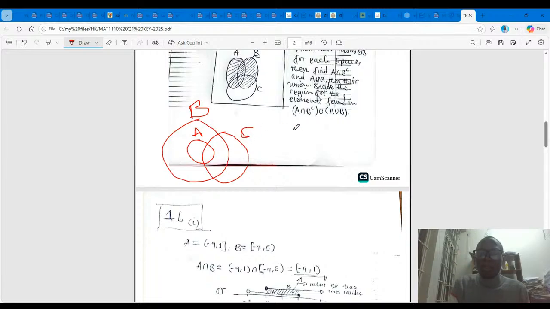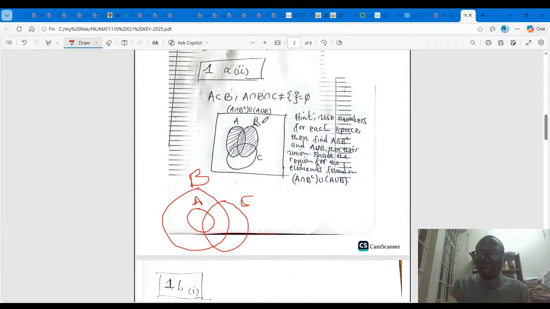Okay. So now if you want to shade this set, A intersection B complement is actually an empty set, because B complement is what is outside B here.